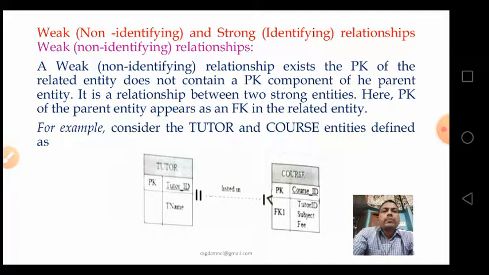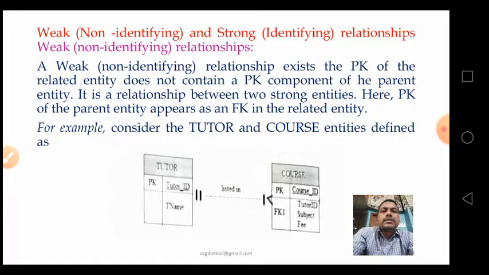Here, the PK of the related entity does not contain a PK component of the parent entity. Here, the parent entity is course, and the child entity, tutor, does not contain a PK component of the parent entity.